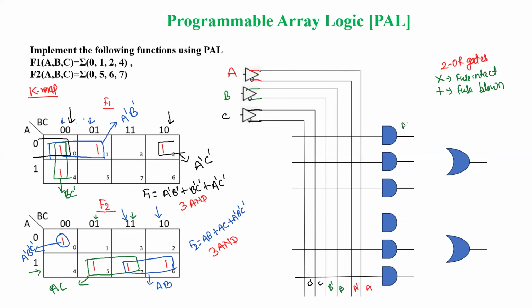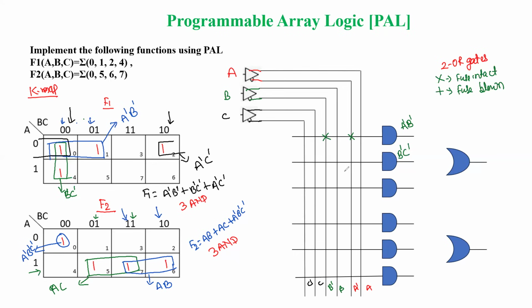Here the first product term we have is A dash B dash. For that we put the cross at A dash, and again at B dash. So now this fuse is connected. In the second product we have B dash C dash.